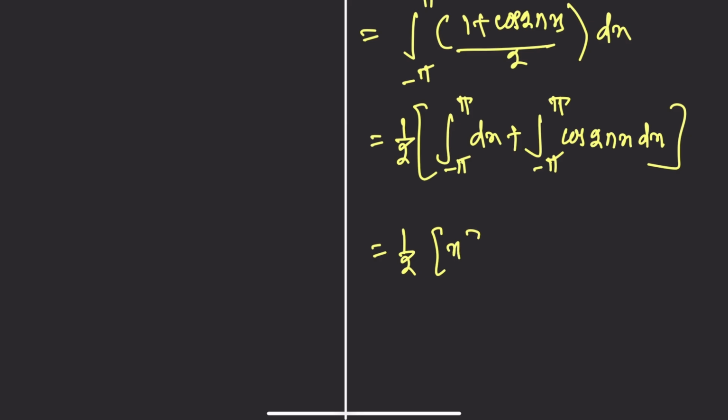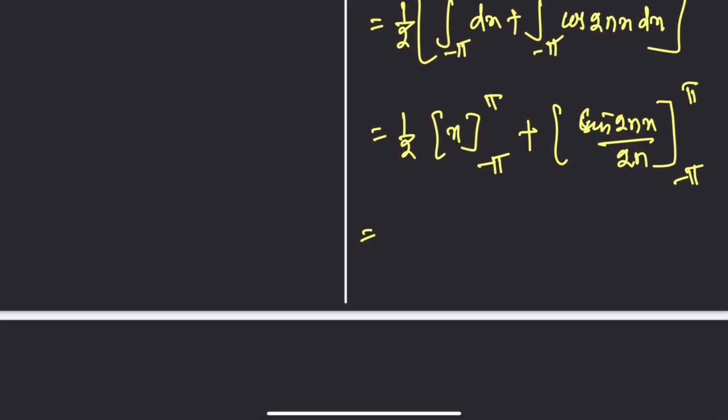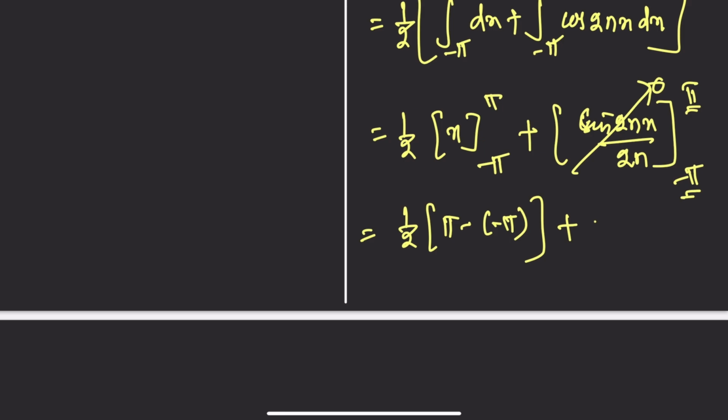The integration of the first term is x from minus pi to pi, and the integration of the second term is sin 2nx by 2n from minus pi to pi. Okay, the first term gives 1 by 2 times (pi minus (minus pi)), and the second term becomes 0 after putting the upper limit and lower limit.